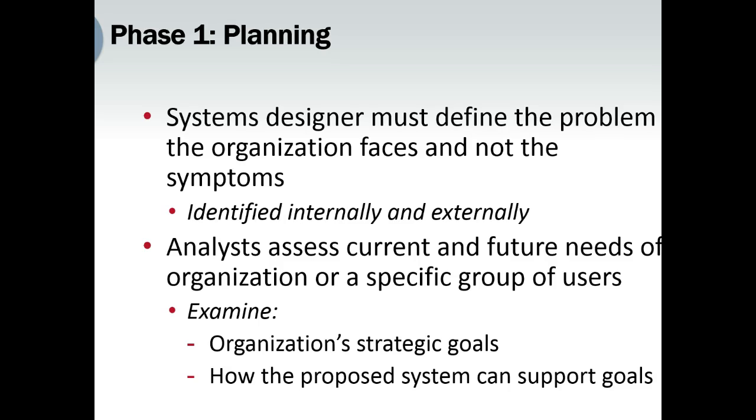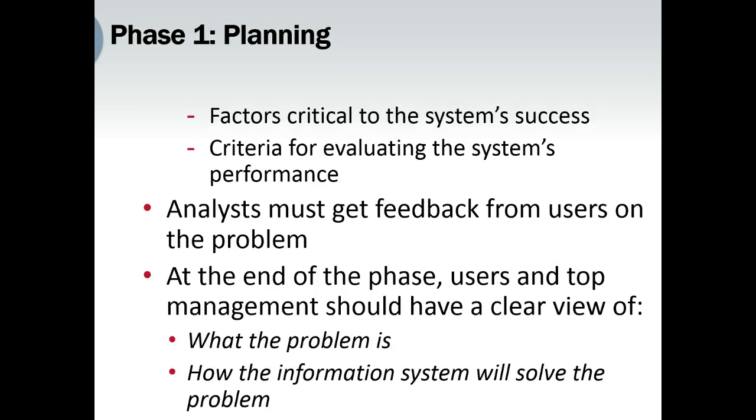They also have to be able to identify the strategic goals of the organization, and how this proposed system can support those goals. They should also get feedback from the users on the problem and the need for this information system.